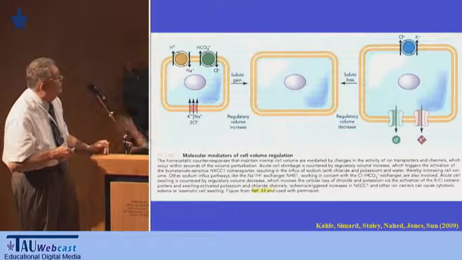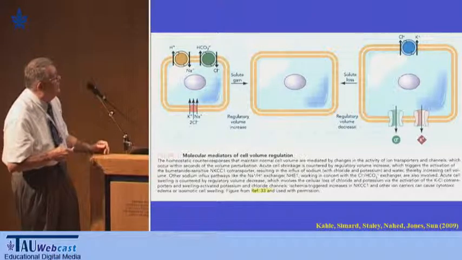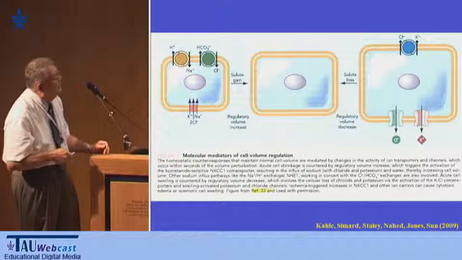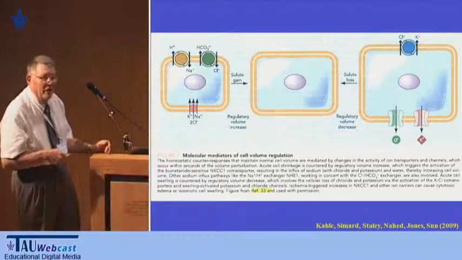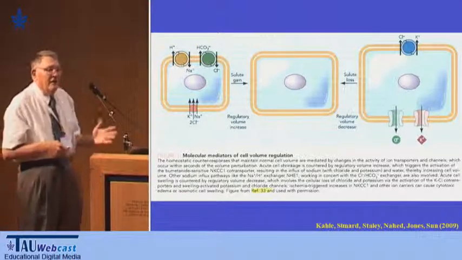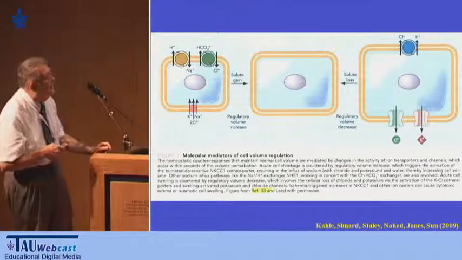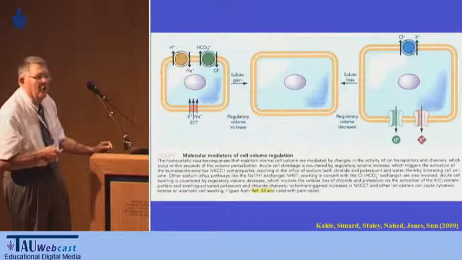And we all know this because if you increase the osmotic concentration on the inside, then the cells will swell. If you decrease the osmotic concentration on the inside or increase it on the outside, the cells will shrink. And in fact, in the last 30 years, a great deal has been learned about exactly how water crosses these membranes.